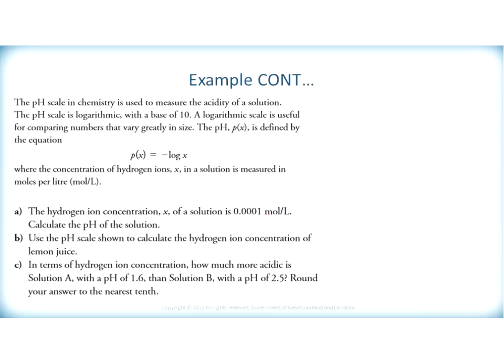Let's continue with the example and look at C. In C it says, in terms of hydrogen ion concentration, how much more acidic is a solution with a pH of 1.6 than a solution with a pH of 2.5? So let's look at solution A. And we have a pH of 1.6 will equal negative log x.